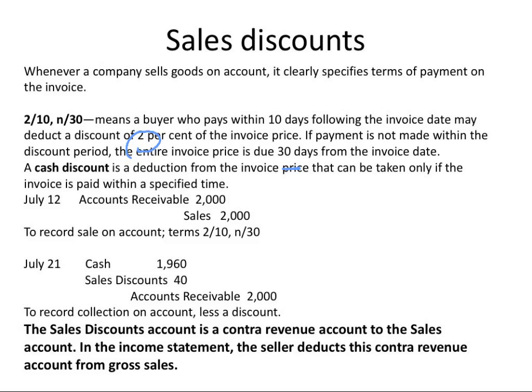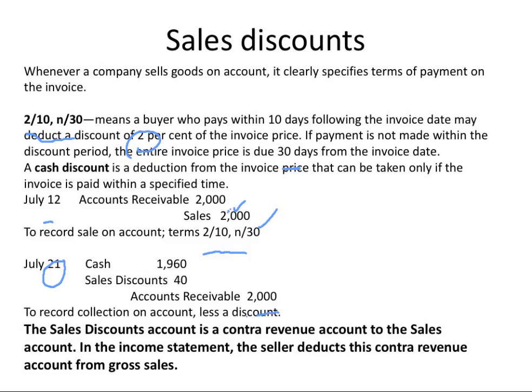Let's assume on July 12th we sold to a customer on account, and we gave them the terms 2/10, net 30. All right, debit accounts receivable 2,000, credit sales 2,000, just as we've done before. Now, before 10 days are up, the customer pays. The customer cancels the accounts receivable by paying, so we credit accounts receivable.